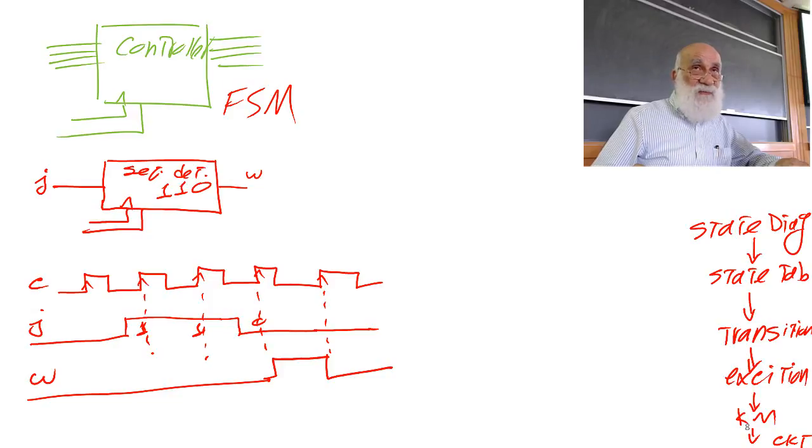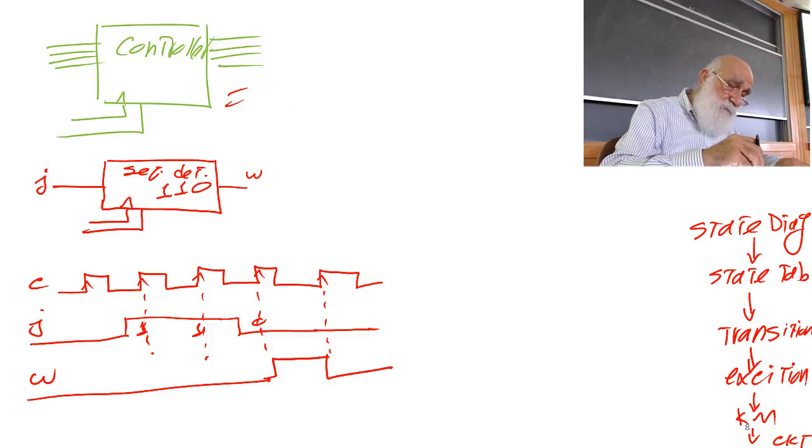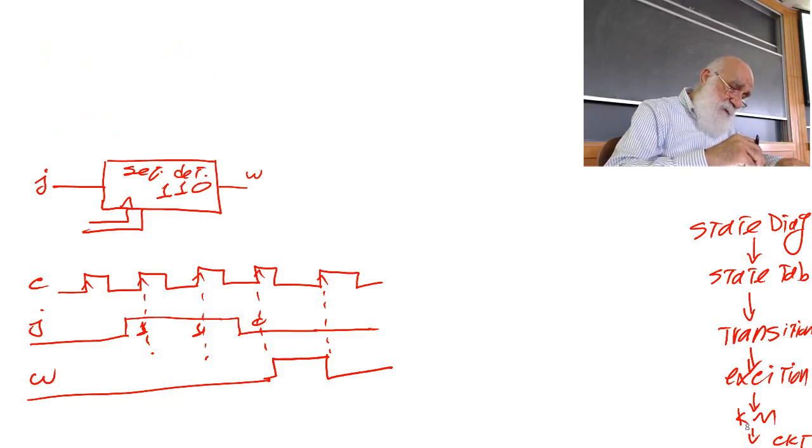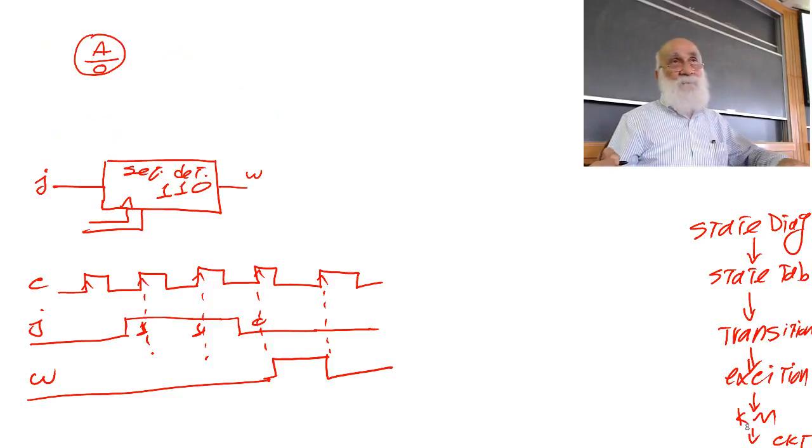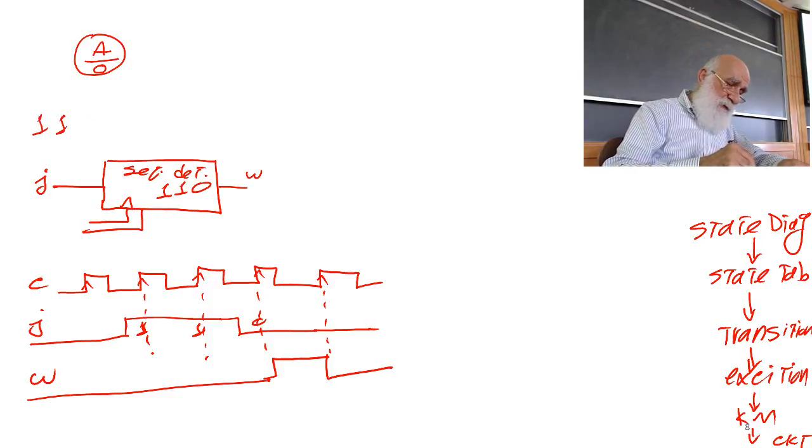So let's start with the first step, and that is the state diagram. I start in a state called state A, and my output is 0. I am searching for sequence of 1, 1, 0 on the J input.